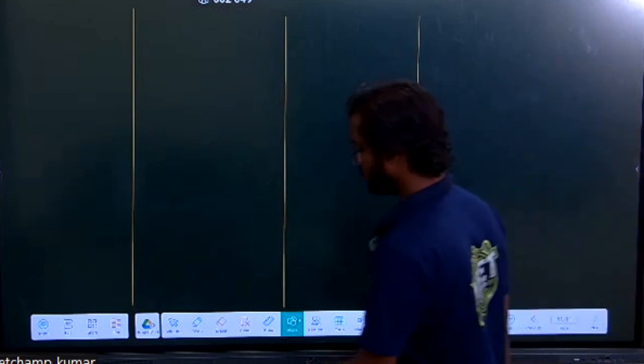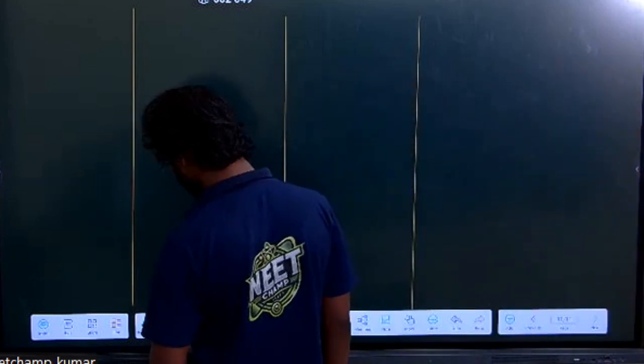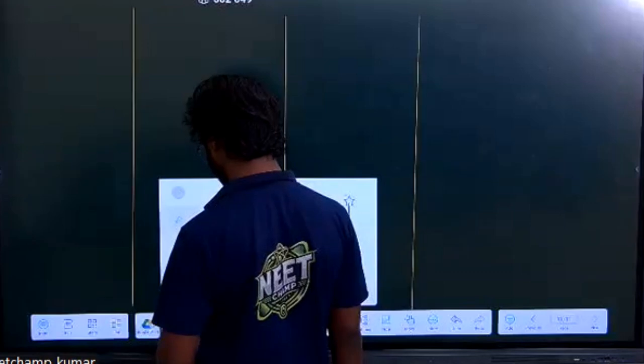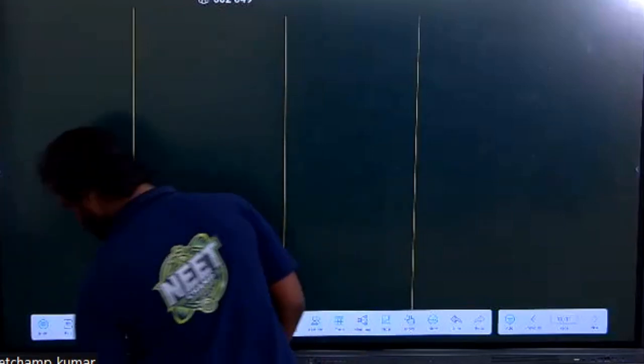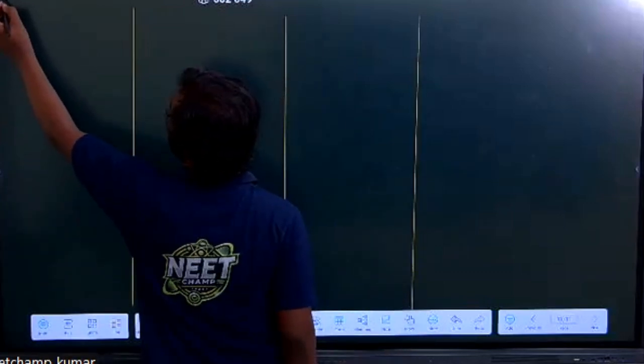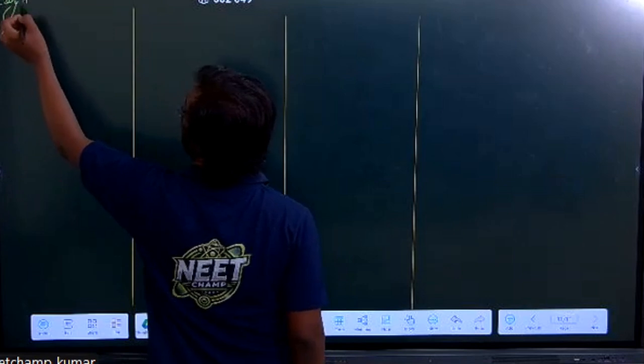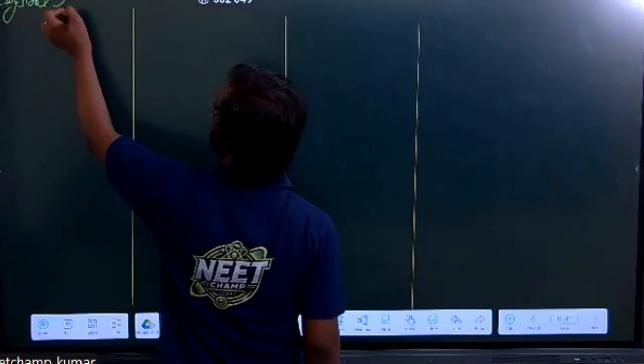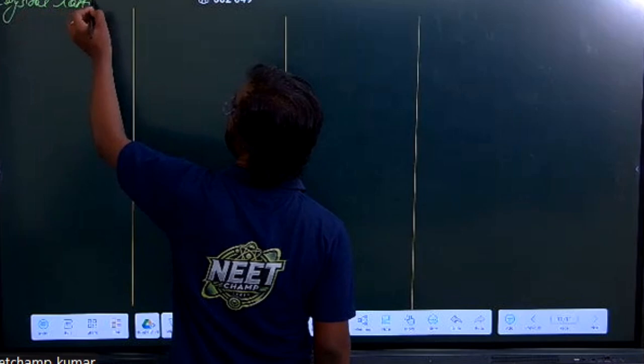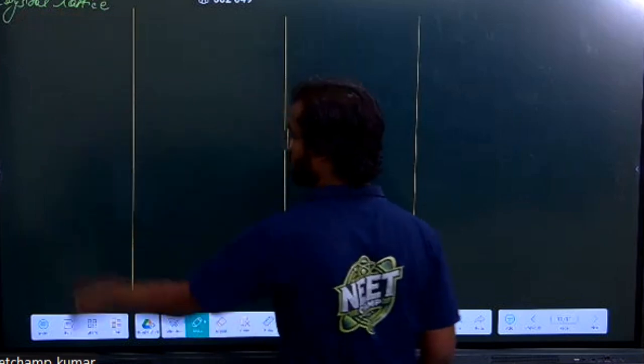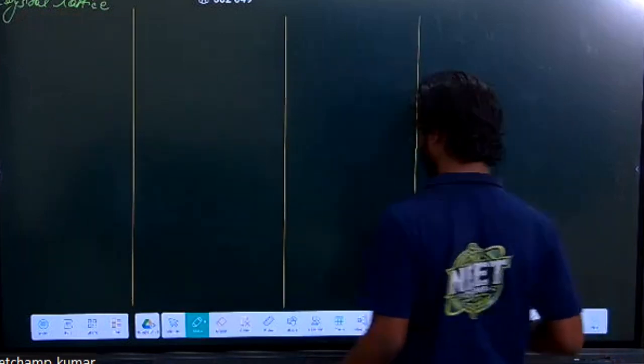So if you talk about the geometry, what type of geometry do we get? Crystal lattice. What different types of crystal lattice do we have?